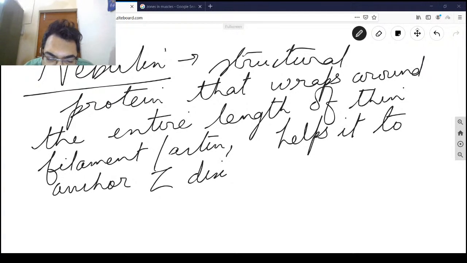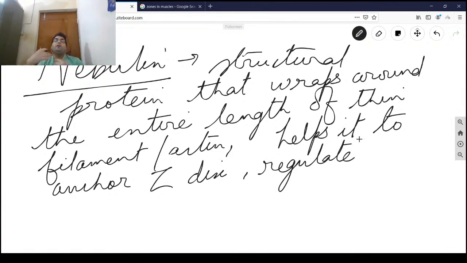It will regulate the length of thin filaments during the development of muscle fiber. Because when we exercise, we go for hypertrophy, right? If you have a huge bicep, it means you have hypertrophied the muscle, meaning that you have increased the length of the thick and thin filaments, mostly the thin filaments. Their lengths have increased, or their numbers have also increased.